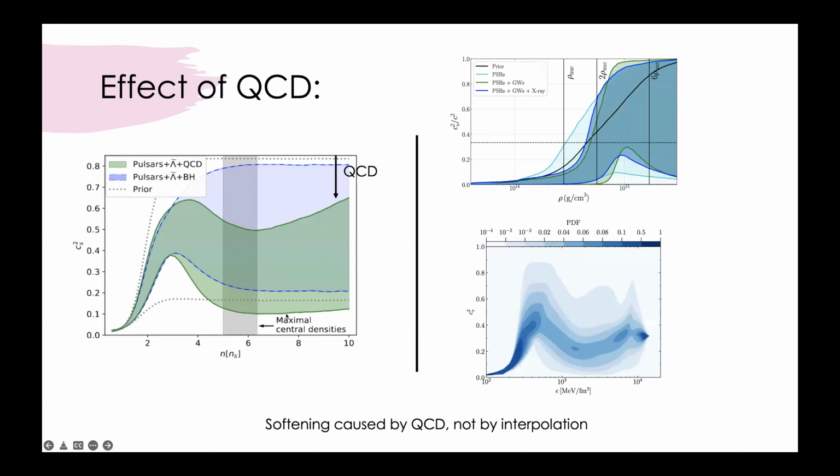And this softening happens within the density range that is reached in maximally massive neutron stars. And again, this posterior looks very much like the posterior here from an interpolation study by Wetzel and company. So again, the softening is indeed caused by this QCD input and not by interpolation.